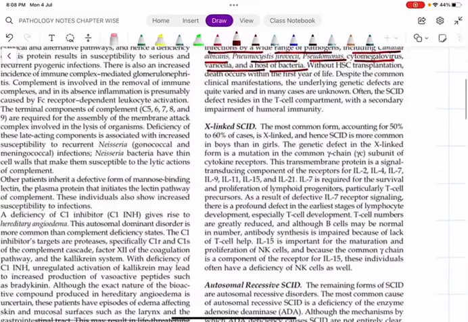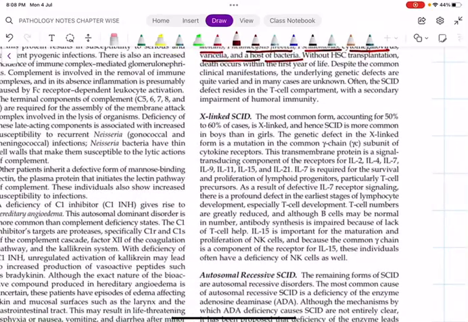Then coming to X-linked SCID, remember, here comes the question. You will think, from 12th standard NCERT textbook, that in SCID it is adenosine deaminase deficiency. No, it is X-linked SCID, which is 50 to 60% of the cases. X-linked means it is more common in boys than in girls.